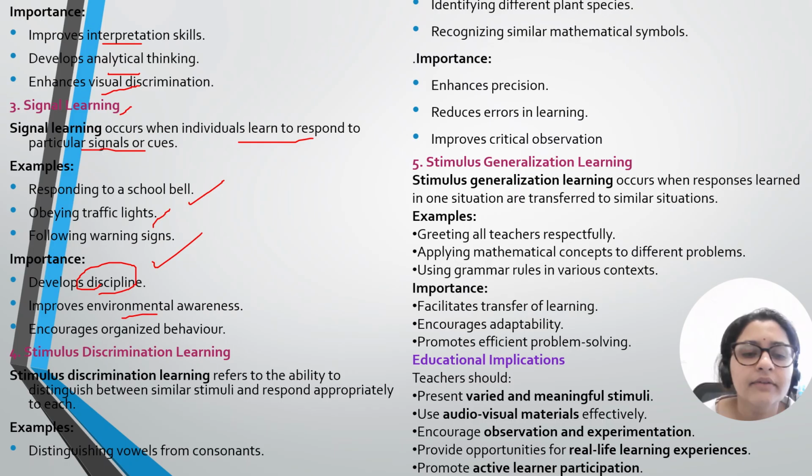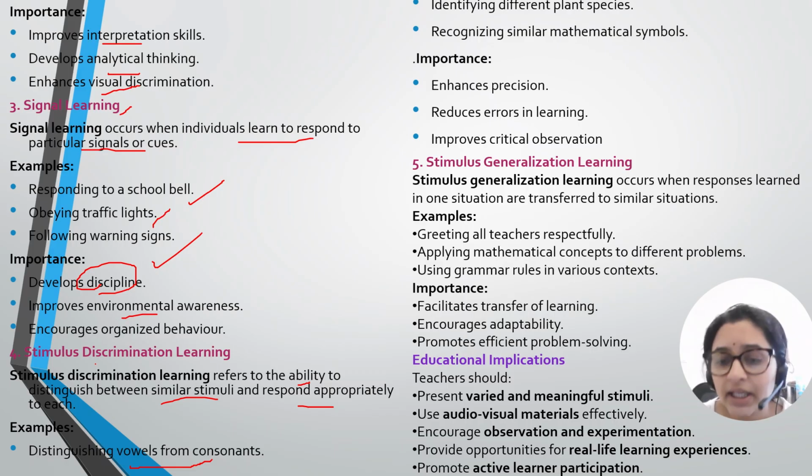Then the next one is stimulus discrimination learning. It refers to the ability to distinguish between similar stimuli and respond appropriately. Example, distinguishing vowels from consonants. Both vowels and consonants are letters only. But this particular stimulus discrimination learning will teach a person how to differentiate between vowels and consonants.